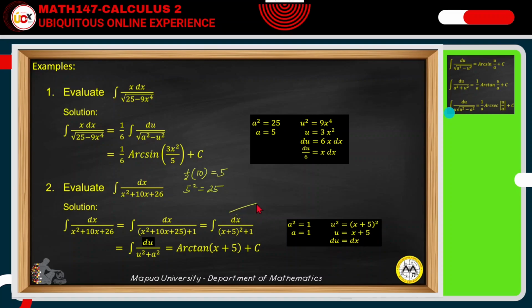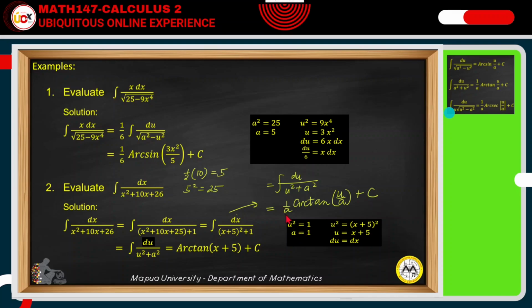Then by substitution, you can now rewrite this as du all over x plus 5 to the second power. This is your u squared. And then 1 is a squared. And then recall from the formula that this is equal to 1 over a times arctangent of u over a plus the constant c, where a is 1.